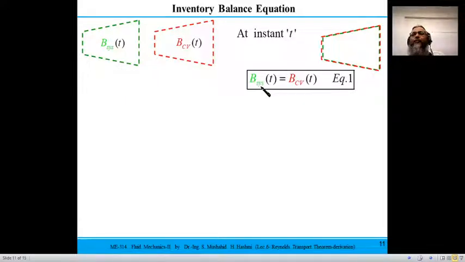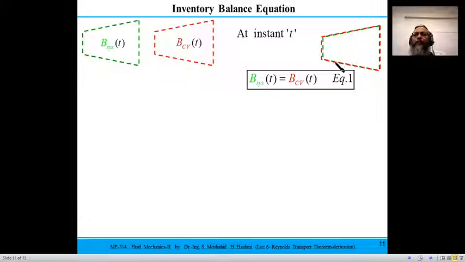So B system at time t is the same as B control volume at time t. This is just a mathematical representation of the same fact that at time t the same mass is there in the given region of interest. So no mass has crossed, no mass has left. But as the time progresses, since it's a control volume, some new mass will come in, some older mass would leave.